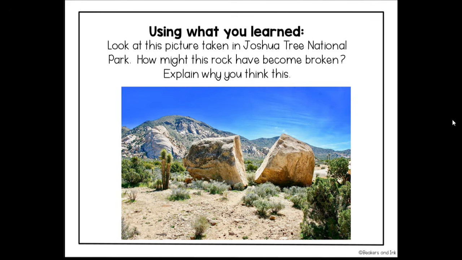Okay? So think about everything that we've learned today. What is your best guess about how this rock might have become broken? You could take a second and go back and look at the different types of physical weathering. What do you think might have weathered this rock and caused it to split apart?